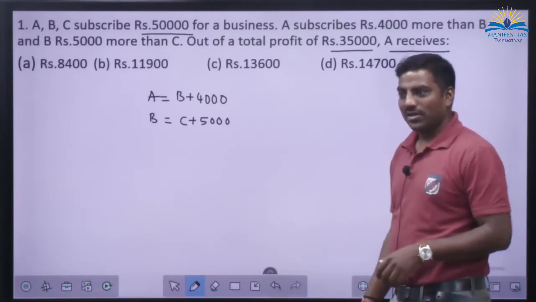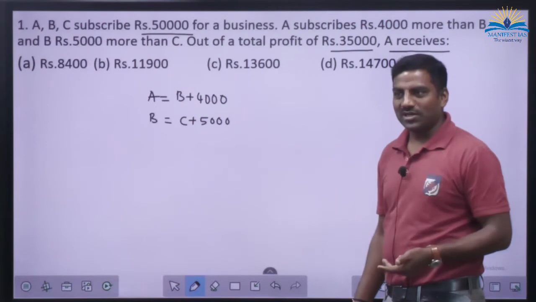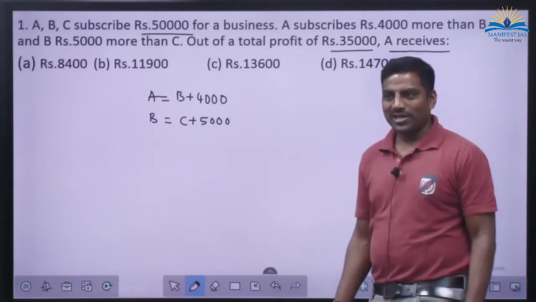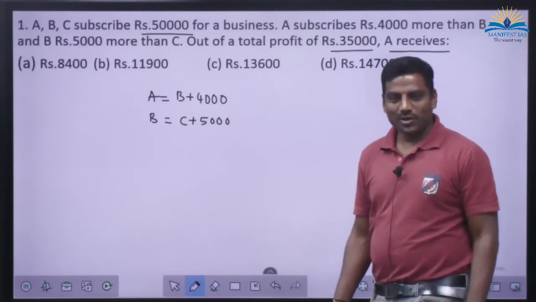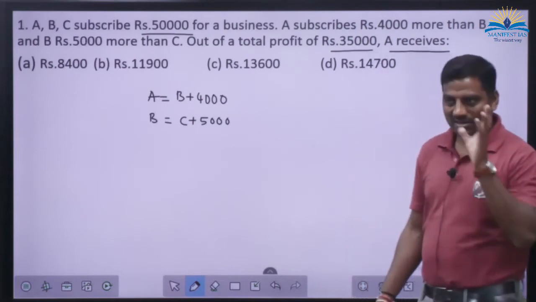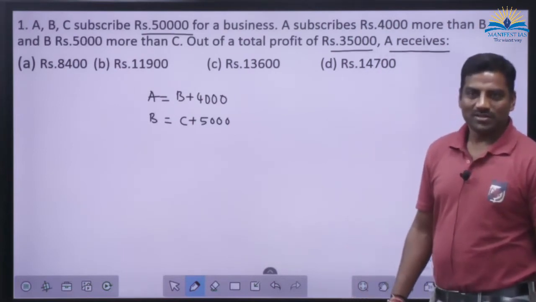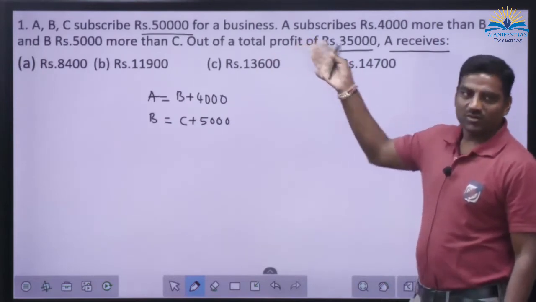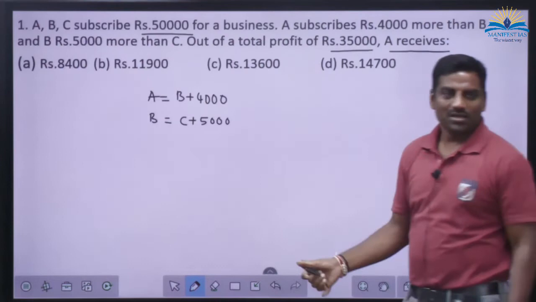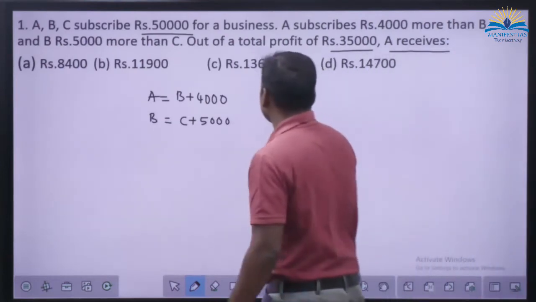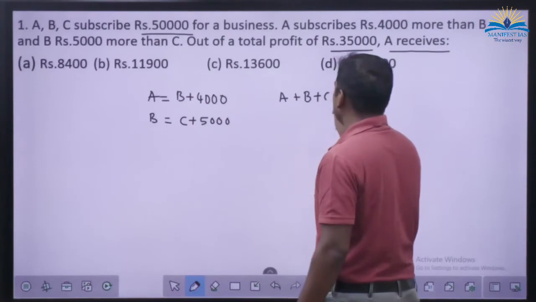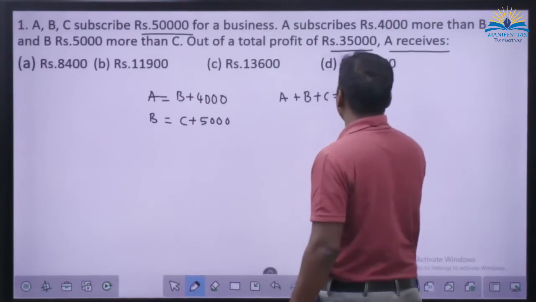Getting my point? Take any two equations and form a third, it is not a new equation, I am telling you. You have to get one more virgin equation. So A, B, C subscribe 50,000. They have invested 50,000. So can I write A plus B plus C, that is investment, as 50,000?